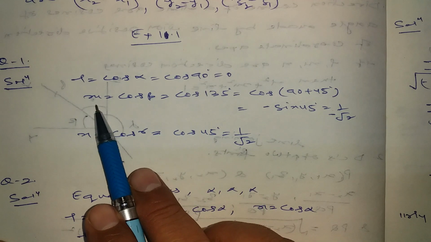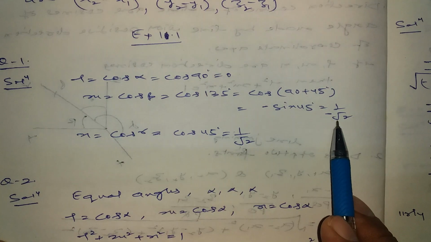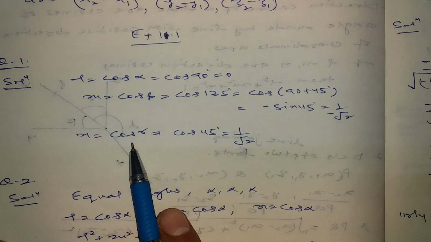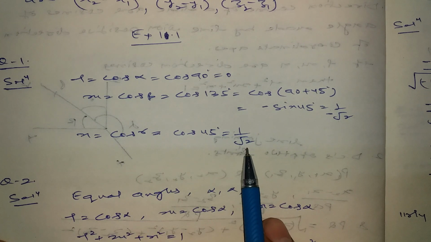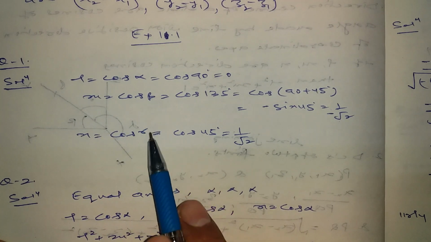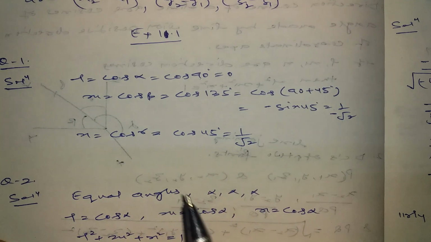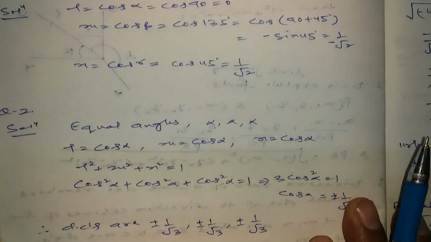Similarly with the y-axis, m is cos 135, which is minus 1 upon root 2. And the third angle is 45, so cos 45 is 1 upon root 2. So these are l, m and n, cos alpha, cos beta, cos gamma, with alpha, beta, gamma given. So we calculate the direction cosines.